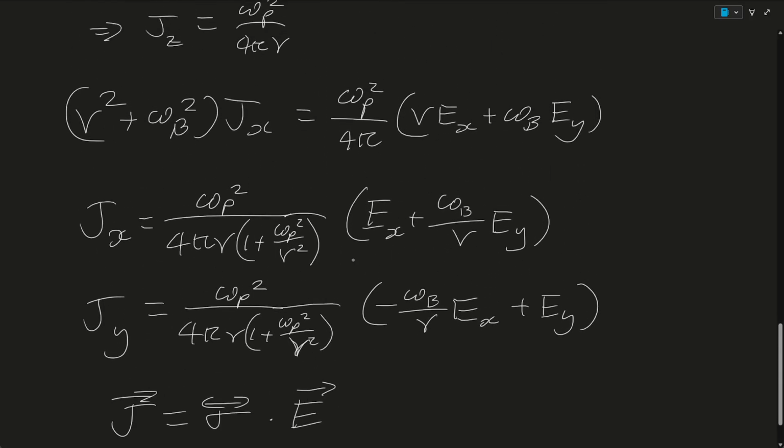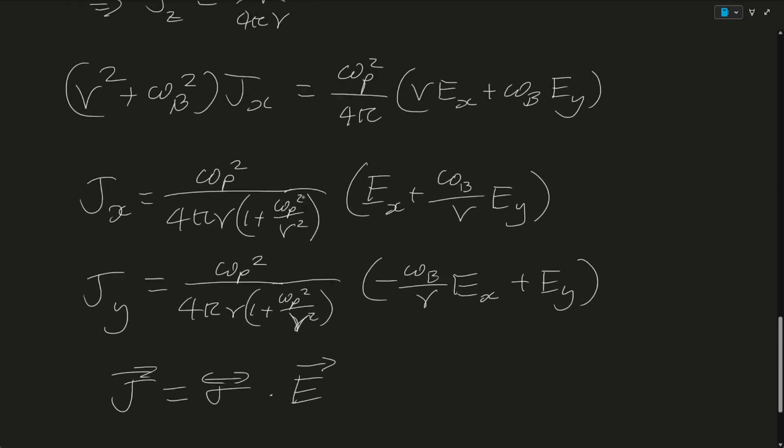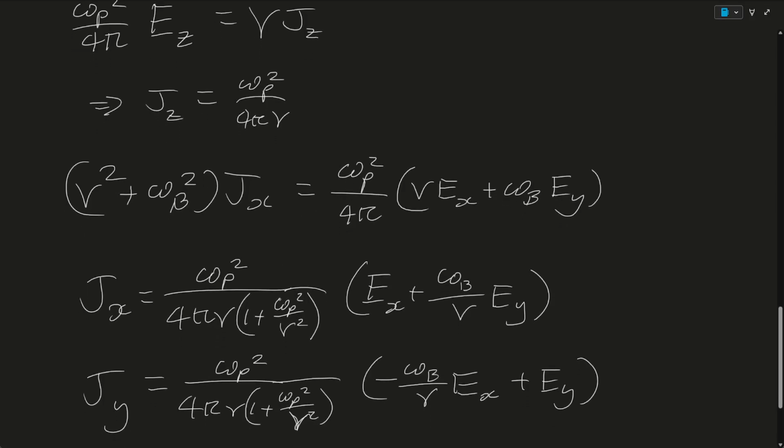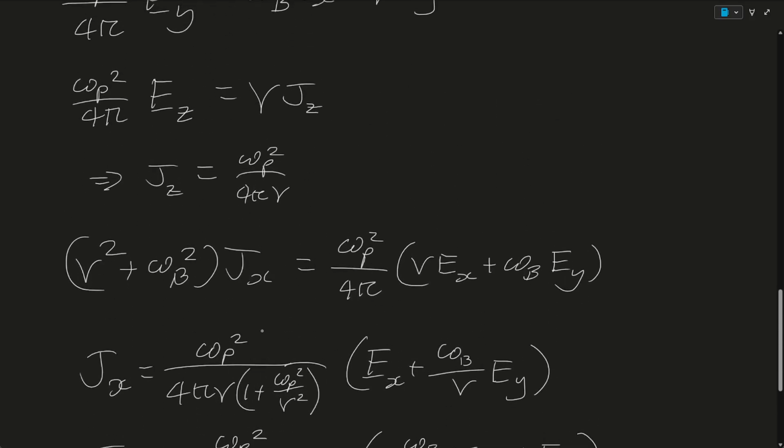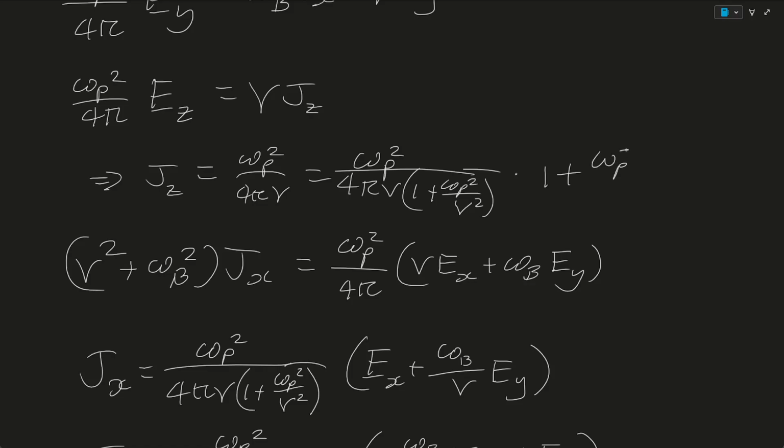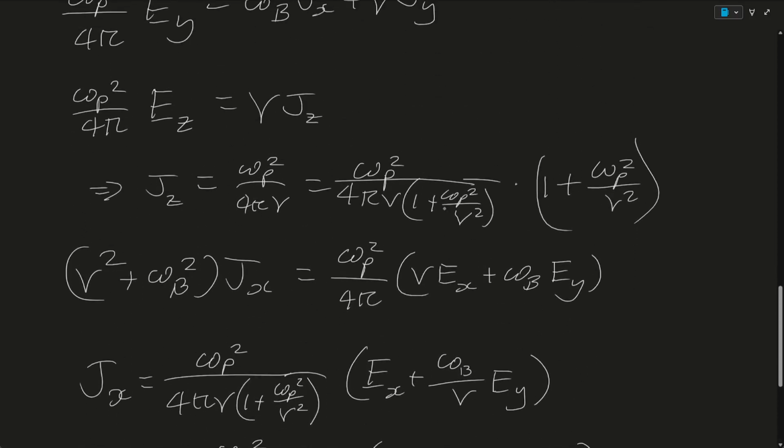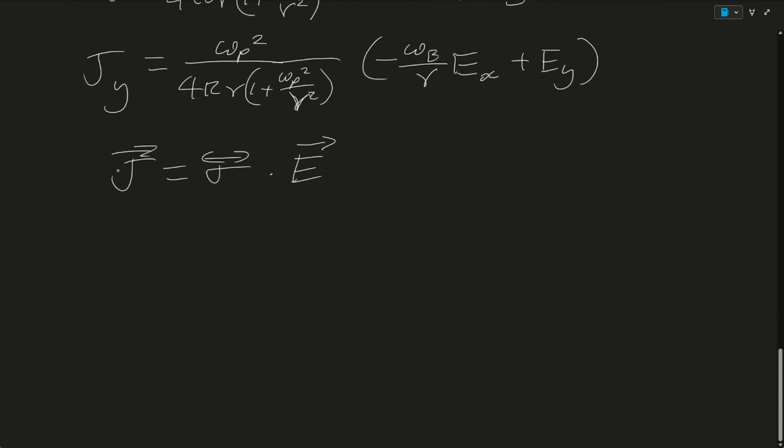Now, we can also take our jz. That's just going to be equal to omega p squared over 4 pi nu, 1 plus omega p squared over nu squared. And then that will give us it in the form of this coefficient.